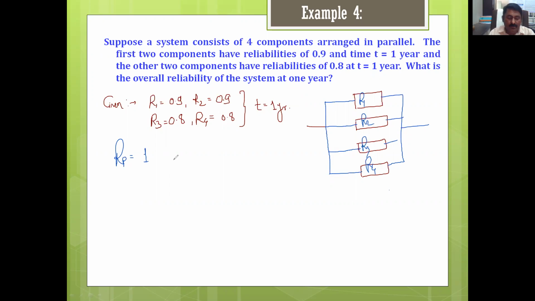Okay. So let us proceed further. What is the formula if you see? Parallel connection. Okay. So what is the formula we have discussed? We will write the formula and proceed further.